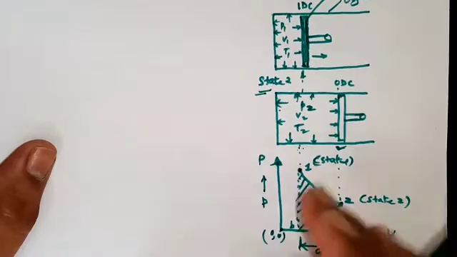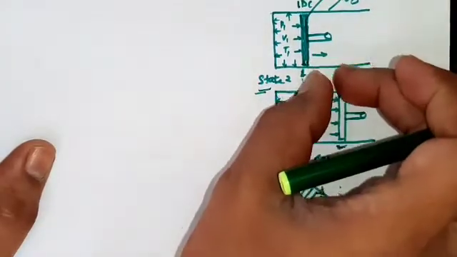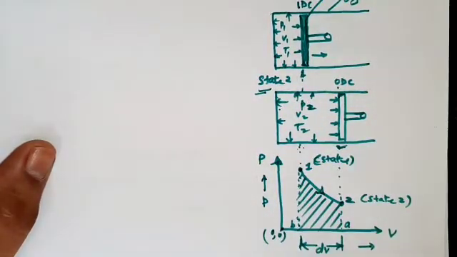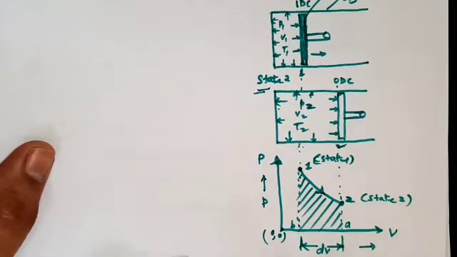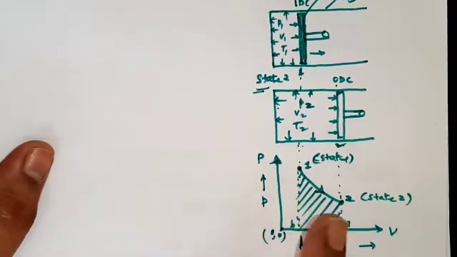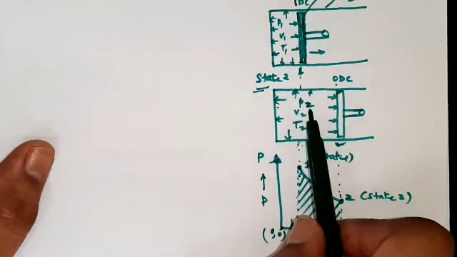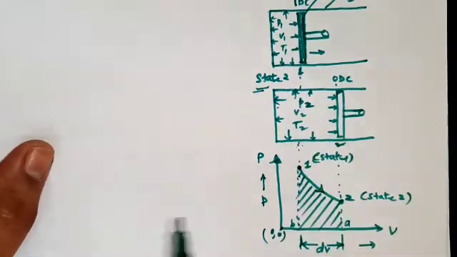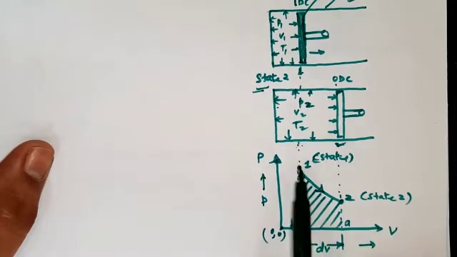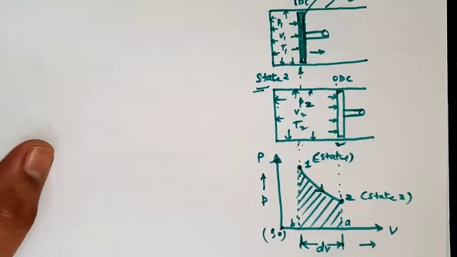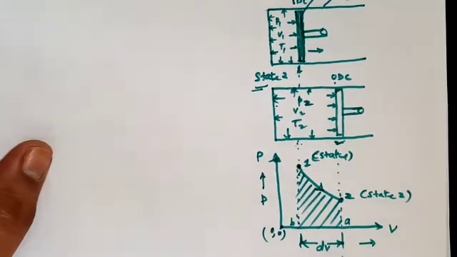So this is a small displacement of this piston, which is equal to dx, and during this displacement of the piston, the volume covered by the piston is dV. So this is a variation of volume during process 1 to 2. Also the displacement of this piston during 1 to 2 is dx.